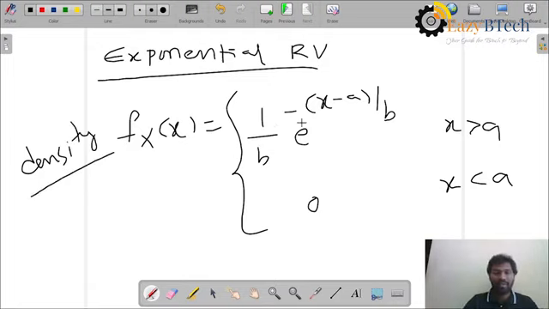f_X(x) = (1/b) e^(-(x-a)/b) for x greater than or equal to a, and 0 for x less than a.